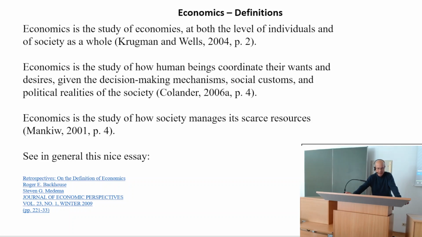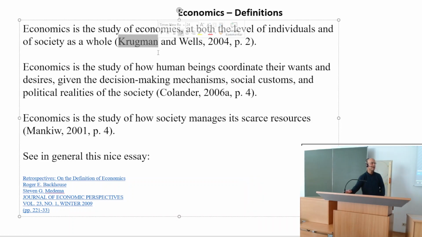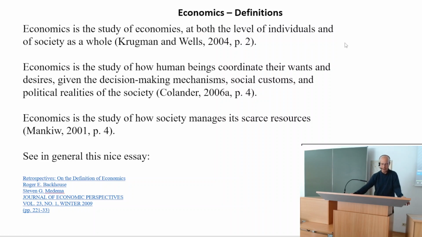And maybe some other definitions in a more proper way. These I took especially from Mr. Krugman, Nobel laureate in 2006, I think, a very famous economist. He also wrote many introductory books, and in every introductory book, more or less, you will find a definition of economics. He defines it together with Wells: economics is the study of economies at both the level of individuals and the society as a whole.